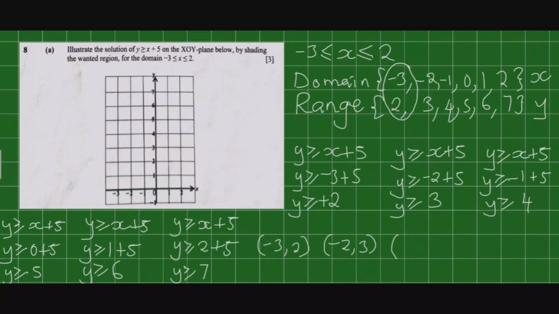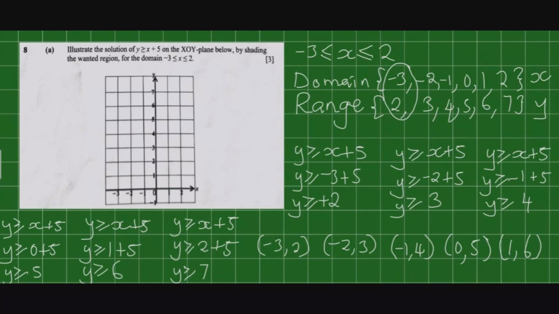Then in the next one we have got (-1, 4). Okay, we close bracket. Then we have got the other point, (0, 5). Okay, then we have got another coordinate which is (1, 6).